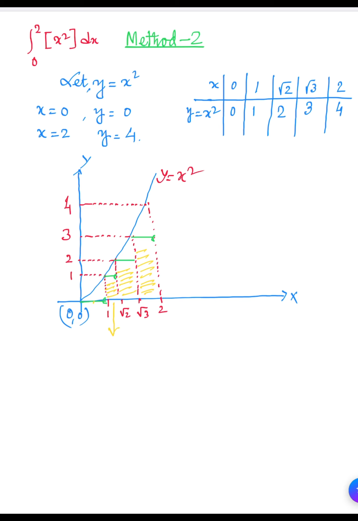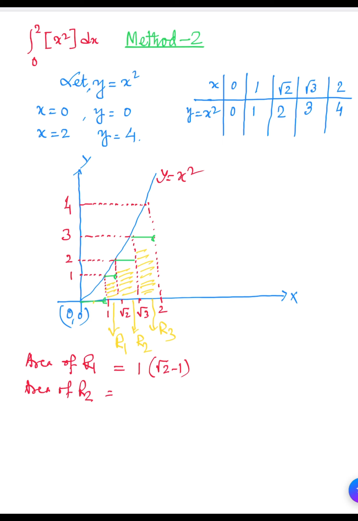If we write, this is rectangle number 1, this is rectangle number 2, and rectangle number 3. The area of R1 equals 1 into root 2 minus 1.